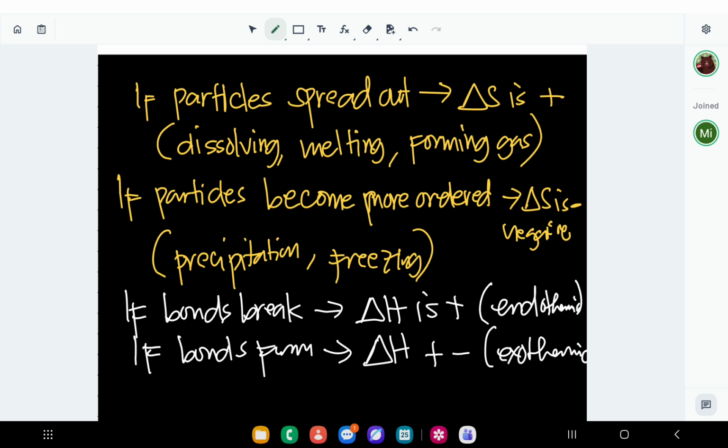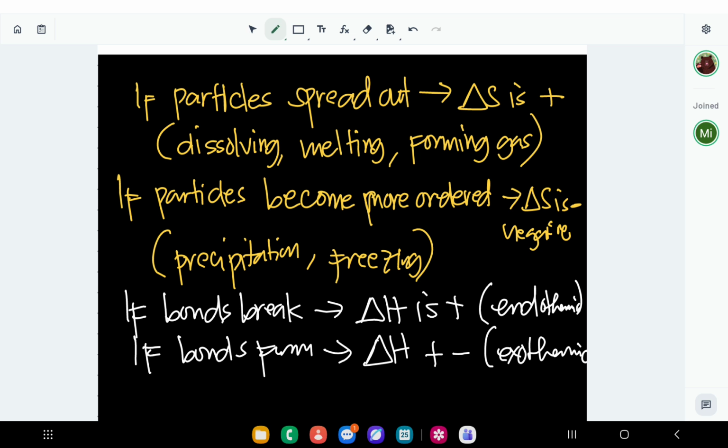Okay. So from the example, that is solid water to liquid, that means dissolving, melting, the particles spread out. So delta S there is positive. And melting requires heat, so delta H is also positive, greater than 0.